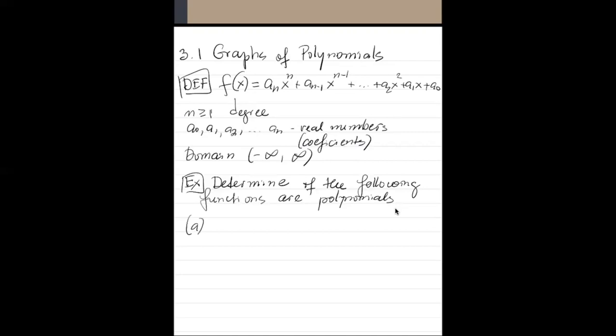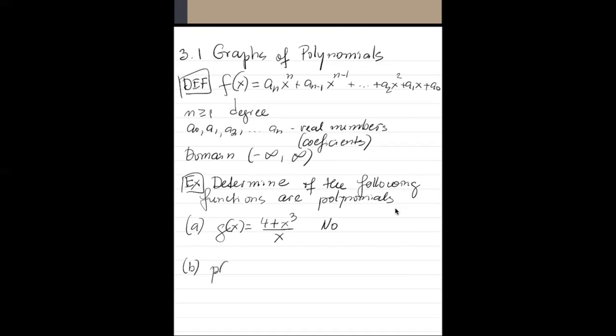A, g of x equals 4 plus x to the third over x. So that denominator x is a problem and does not fit the description that we gave for the polynomial. All x is on the top, so this is not a polynomial.